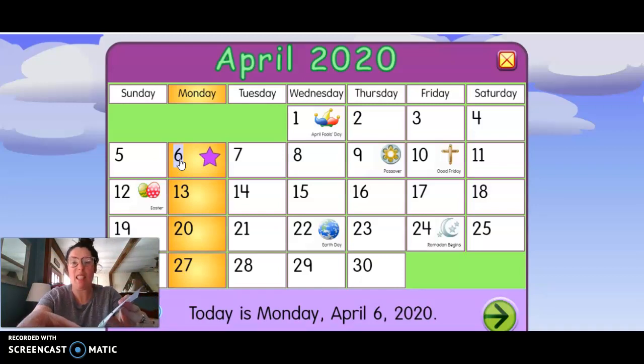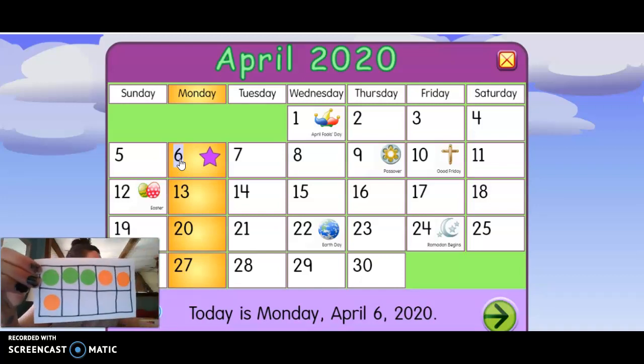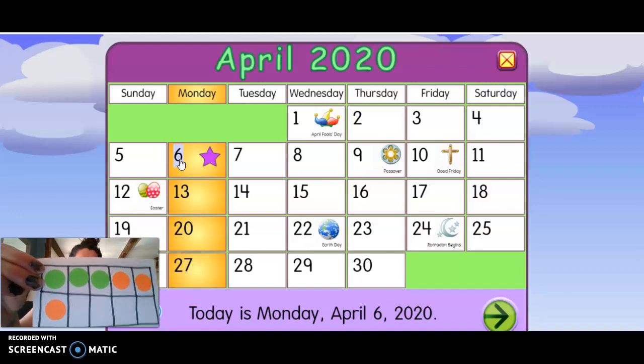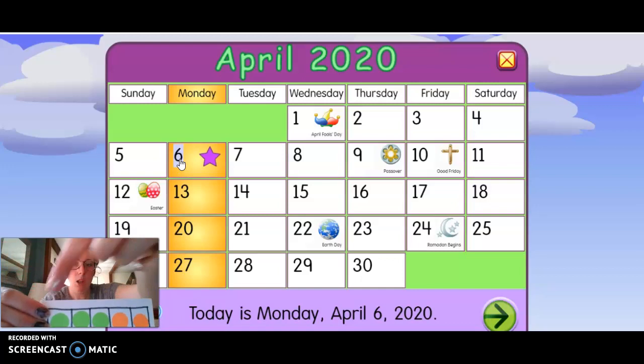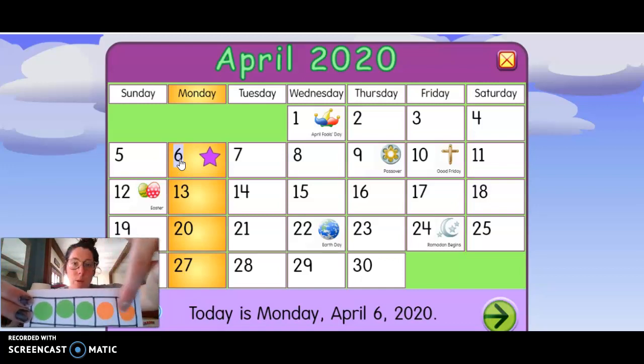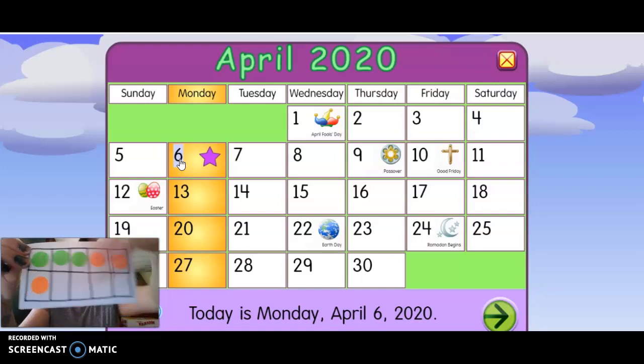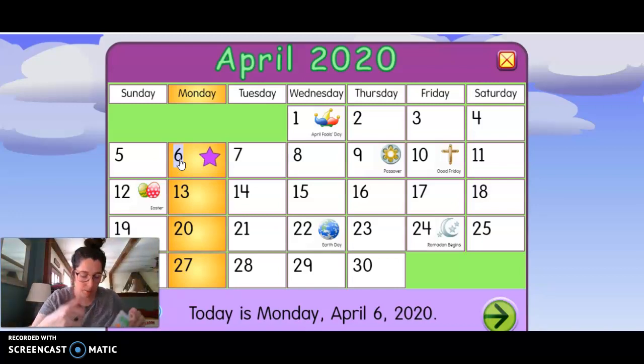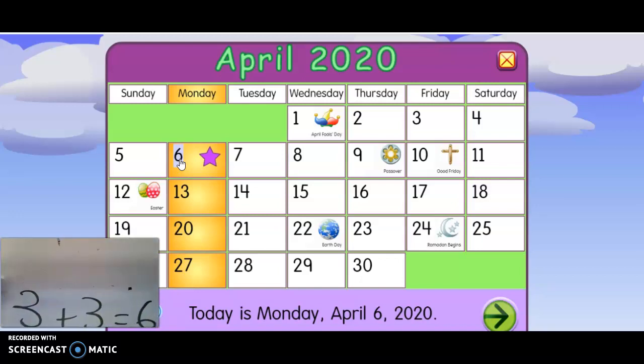April 6th. Right? 3 green dots plus 3 orange dots equals 1, 2, 3, 4, 5, 6. Awesome job. So that's how we came up with 3 plus 3 equals 6.